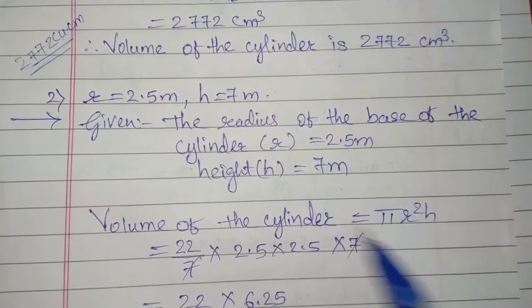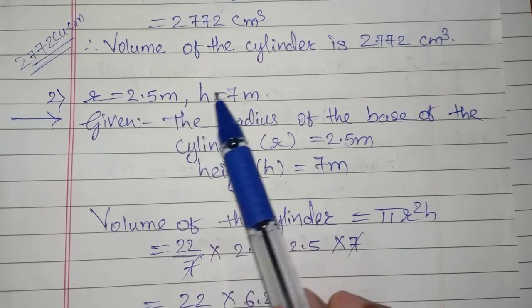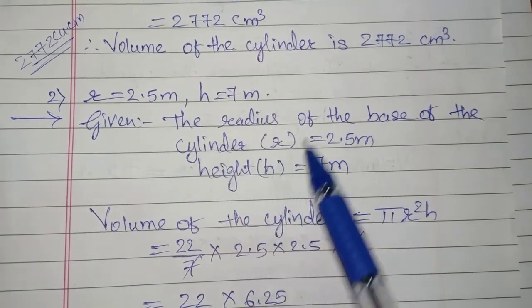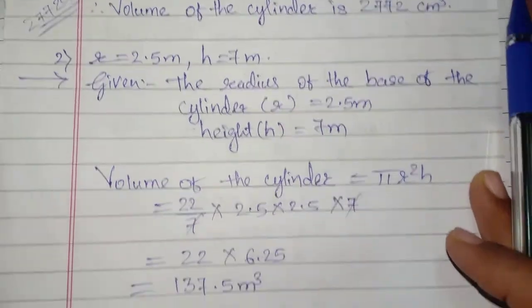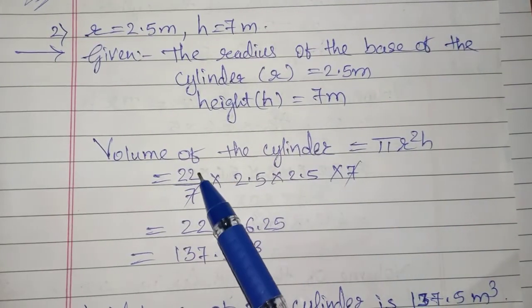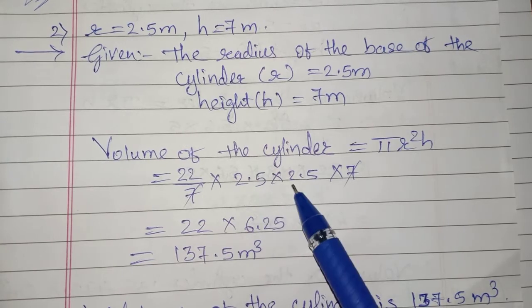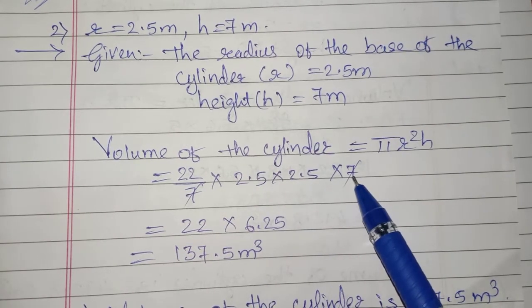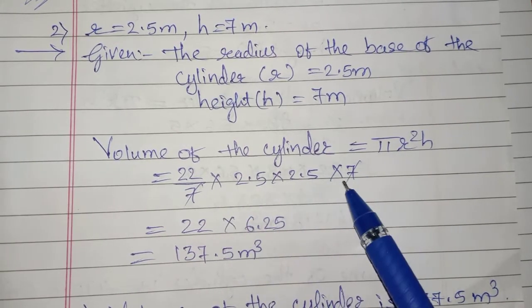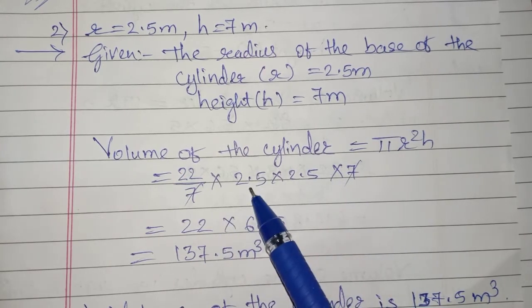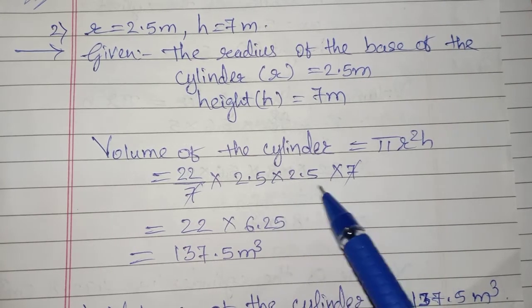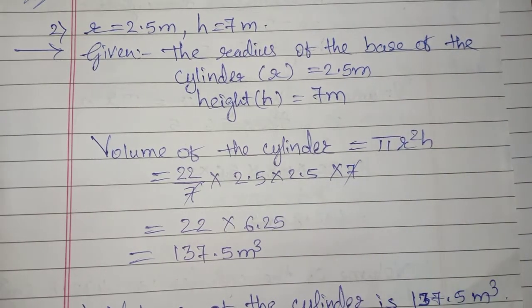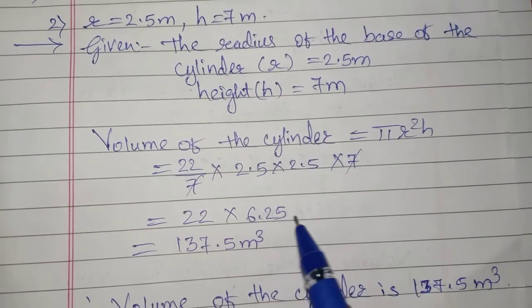Now second question. Radius is 2.5 meters and height is 7 meters. Write down the given things, then the formula pi r square h. Substitute values: 22 upon 7 into 2.5 into 2.5 into 7. Now 7 and 7 cancel each other. 2.5 means 25 squared, that is 625, and two digits after the decimal point, so you write 6.25.